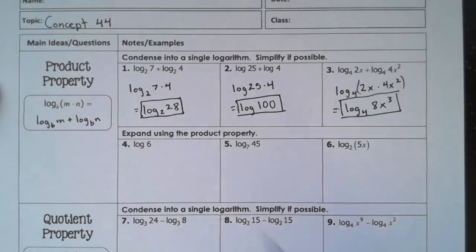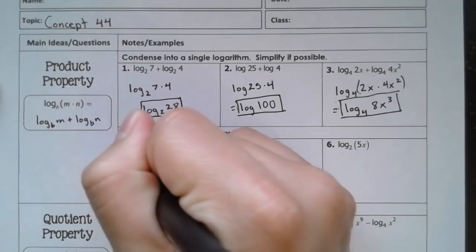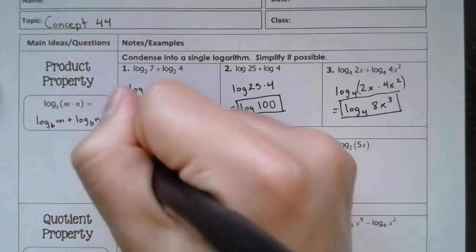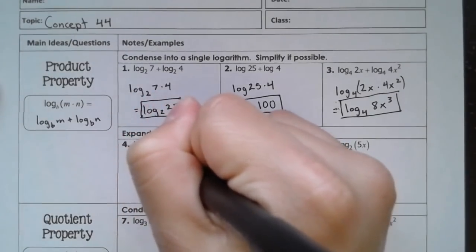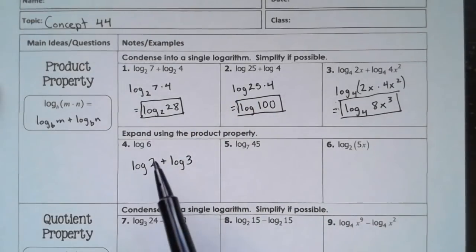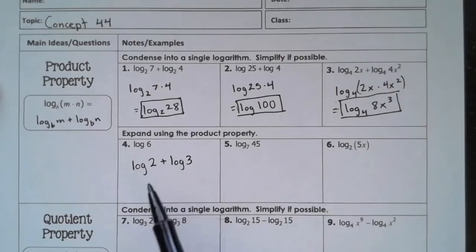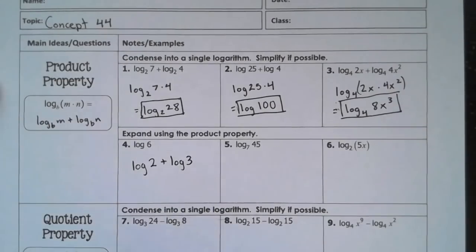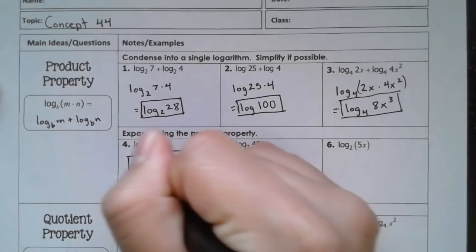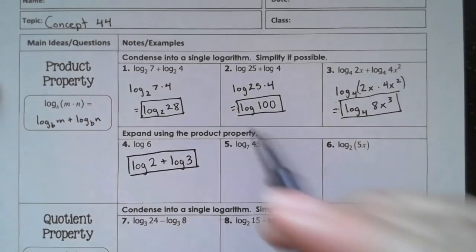Right here the answers can vary, because I'm going to rewrite this one as log base 2 of 2 plus log base 2 of 3. Why? Because 2 times 3 gives me 6. You can also have 6 and 1. So again, your answers can vary here. But this is correct, as well as log 6 plus log 1.